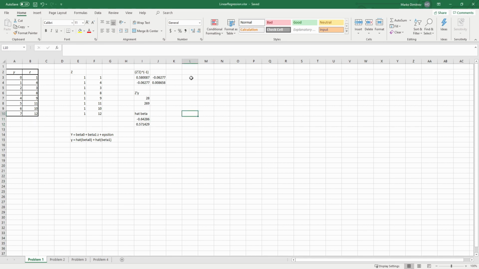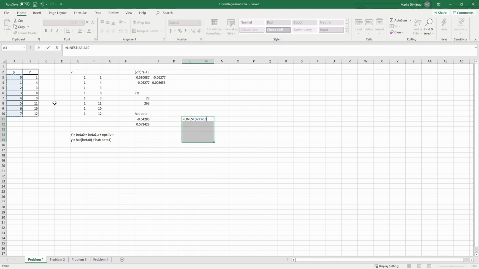This is what we get. As you would probably guess, there is also a function in Excel that gives us those two estimators, but that function gives us much more information. So here we have two unknown parameters, beta 0 and beta 1. We will select two columns, and then we need to select 5 rows because the function returns that many values, as we'll see now.